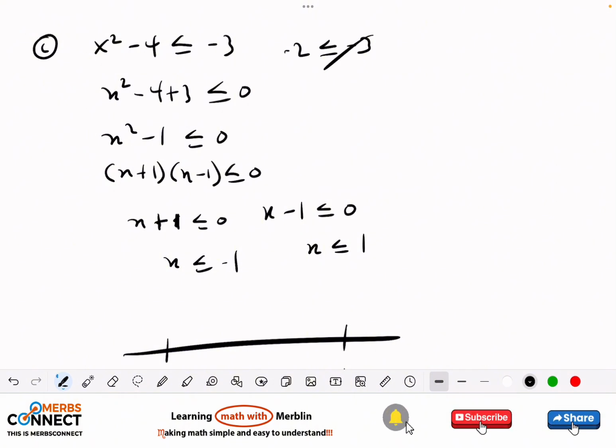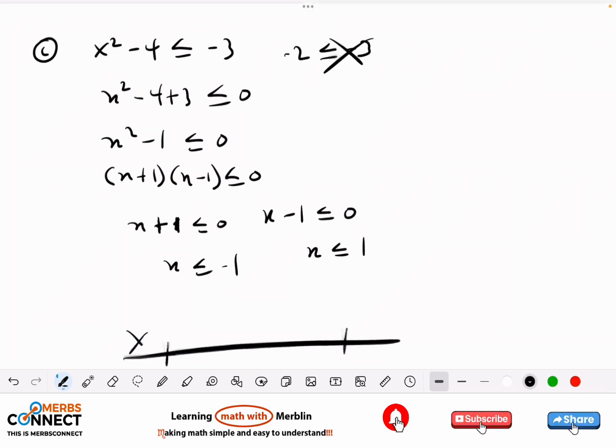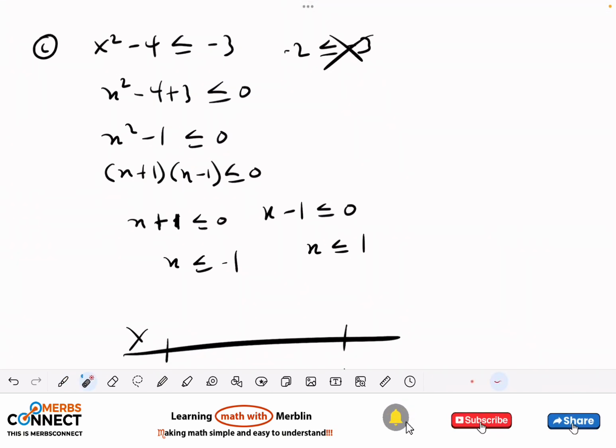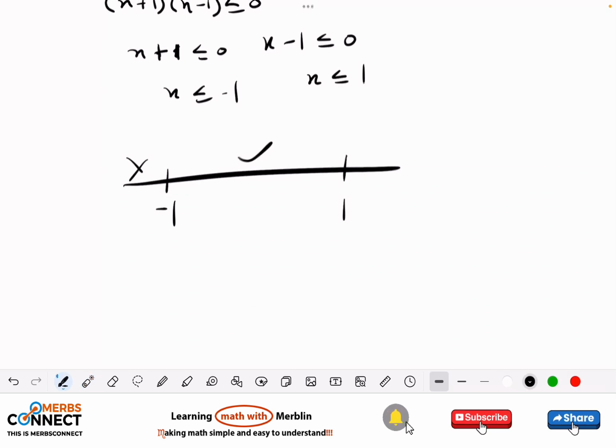No, this is not true. So this is out. Let's pick a number between here. Very simple, 0. When I put 0 here, is minus 4 less than or equal to minus 3? Yes, of course. So the middle here is going to work.